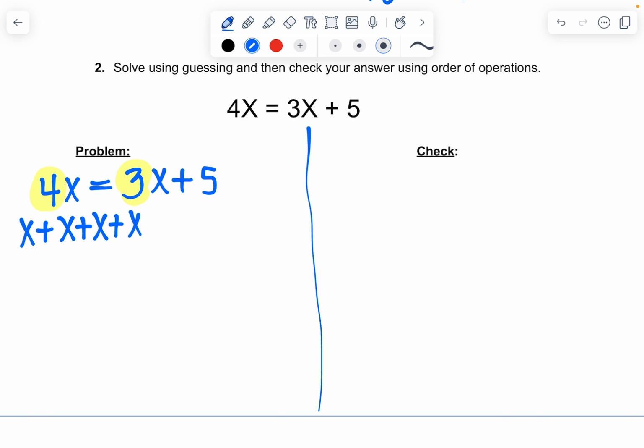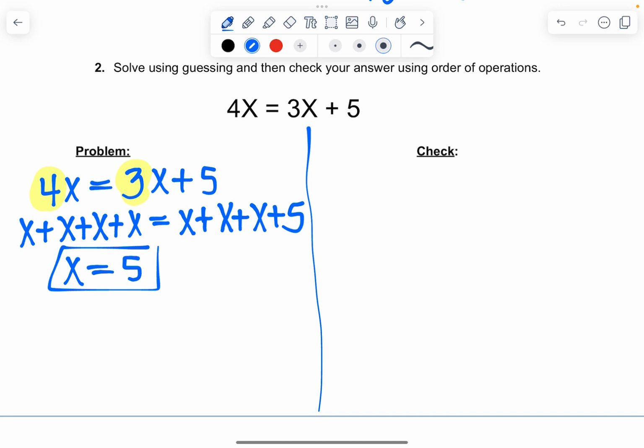There's 4 x's. Notice there's a plus sign between each. Equals 3x, so x plus x plus x plus 5. Again, we're at the guessing stage. I don't know that I can take anything away or add anything, so I'm going to guess x equals 5.